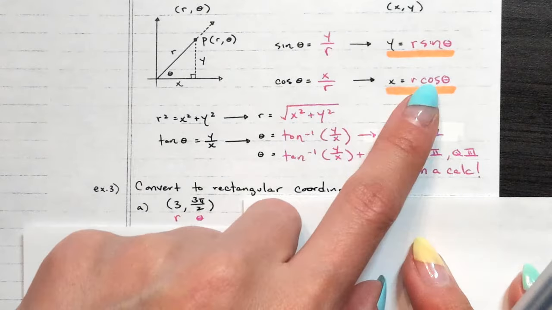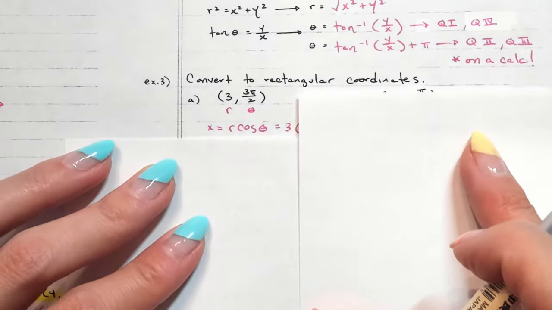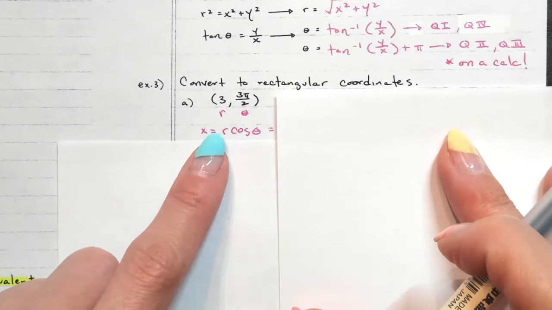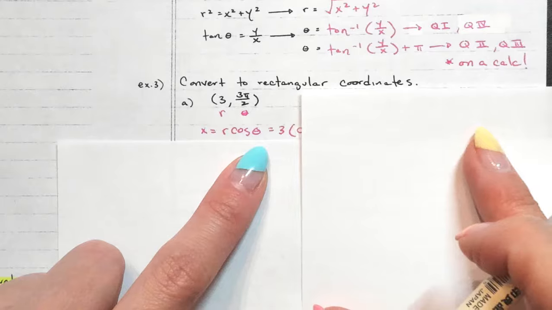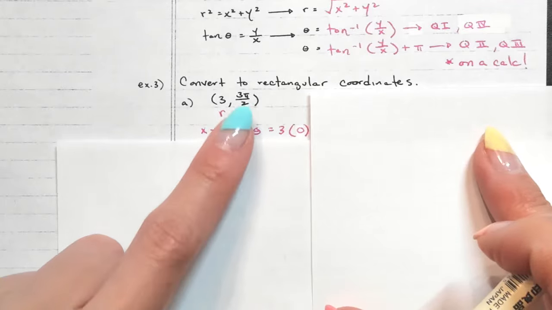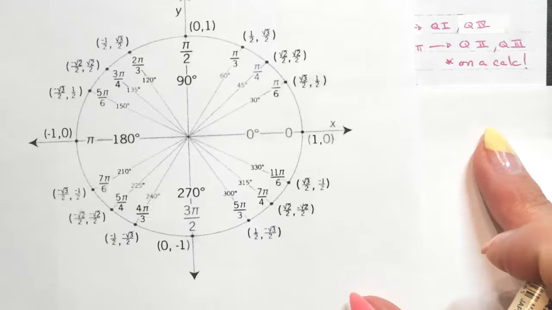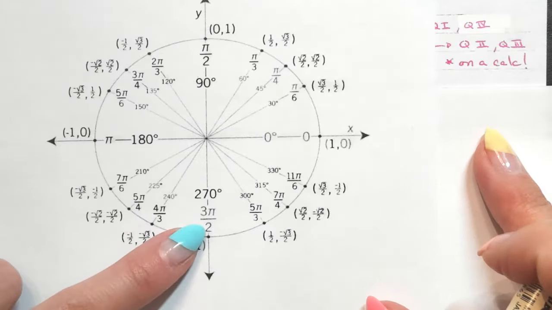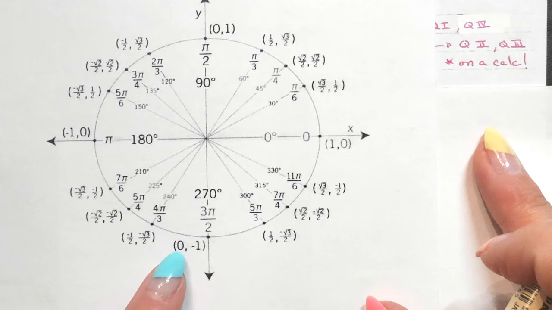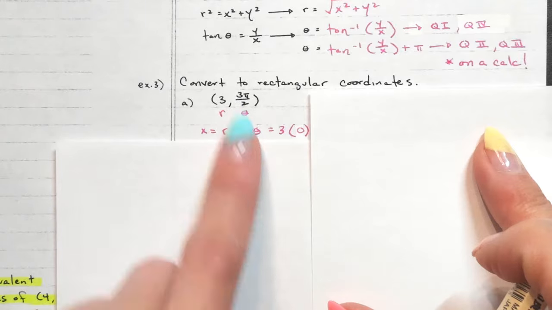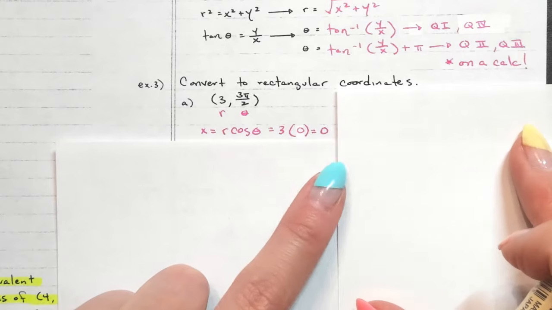Well, x is equal to r cosine theta. R is 3. Cosine of 3 pi over 2, oh, it's been a while. Let's look. At 3 pi over 2, the cosine value, the x value, is 0. So 3 times 0 is 0.